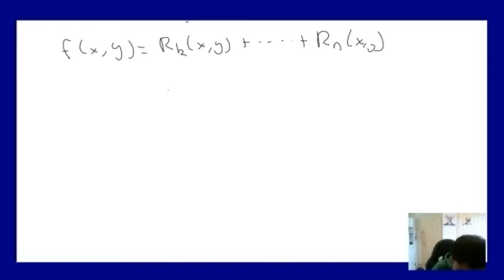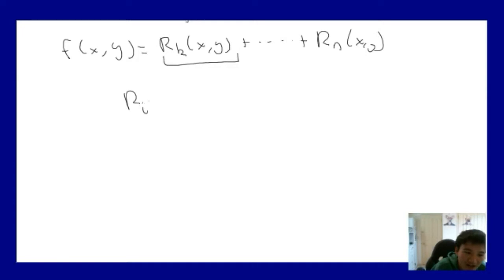Can everyone see what I'm writing? Yep, I can see it. Me too. Thanks. Right. So each term in the sum is a polynomial of degree k, or degree i I should say.